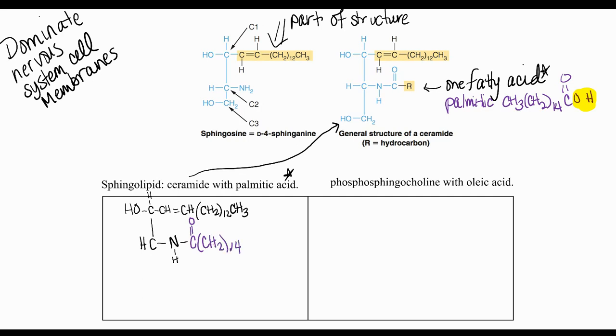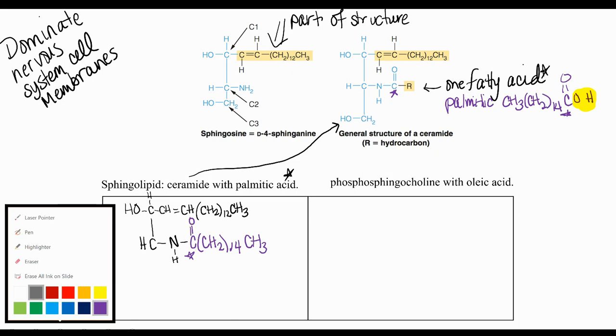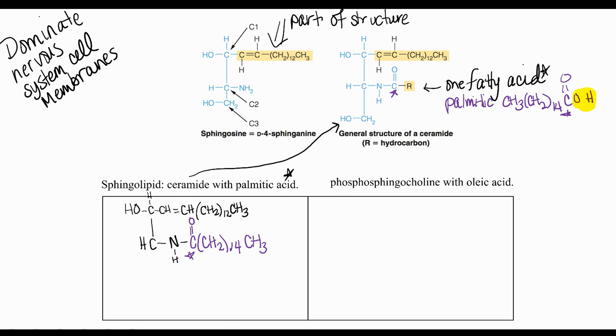So you have to get comfortable with kind of flipping them around. So this one here is attached. And in this diagram, that's that carbon there. Okay, and then I'll finish off the structure. And I am going to keep the polar head on this side.